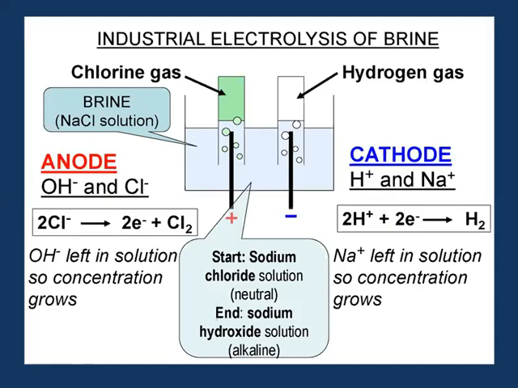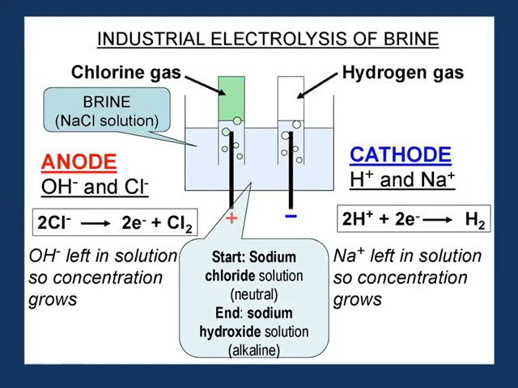At cathode, hydrogen ions gain electrons and convert to hydrogen gas. At anode, chloride ions lose electrons and convert to chlorine gas.